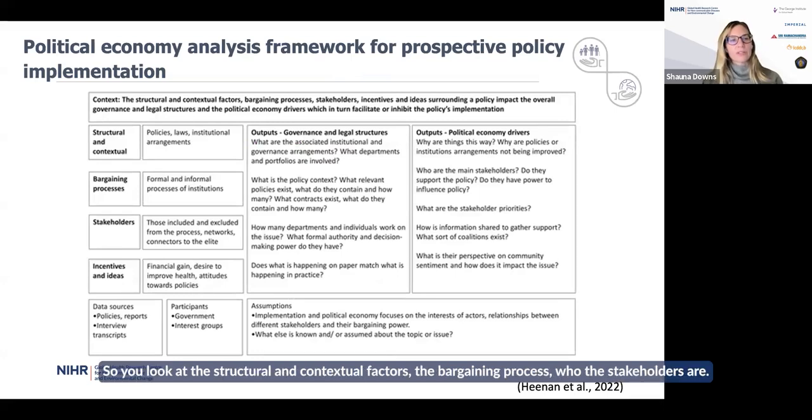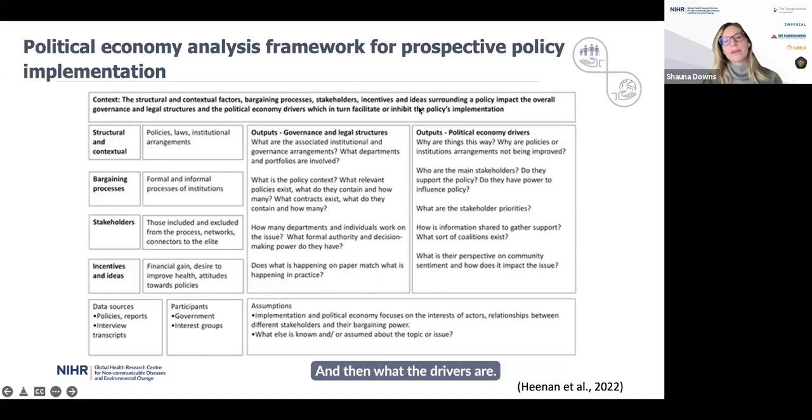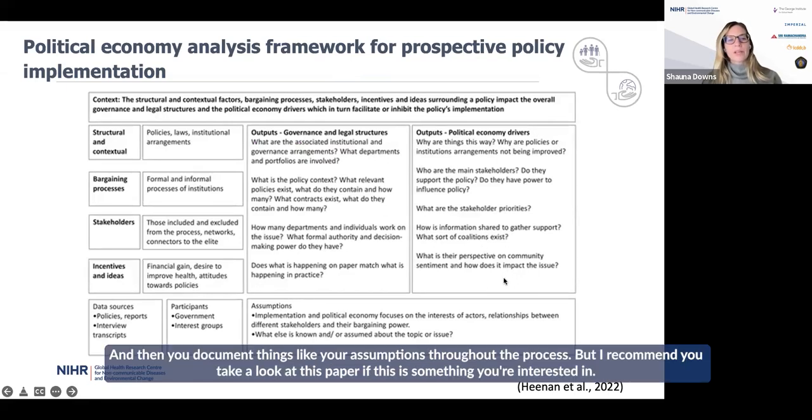So you look at the structural and contextual factors, the bargaining process, who the stakeholders are, incentives and ideas, and then the governance and legal structures, and then what the drivers are. And then you document things like your assumptions throughout the process. But I recommend you taking a look at this paper if this is something you're interested in.